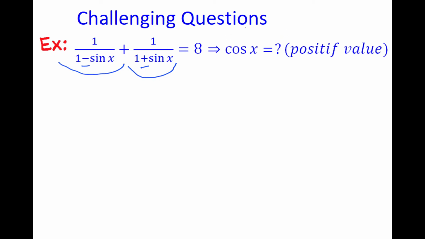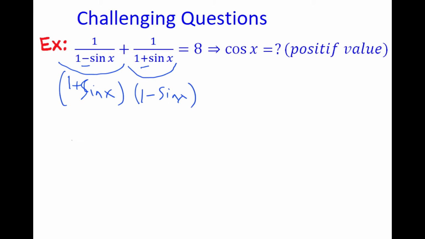That is important. As you can see, we have 2 fractions. The denominators are different, so the first thing we should do is make the denominators the same. Of course, we need to multiply the first term by 1 + sin x, and the second term by 1 − sin x.